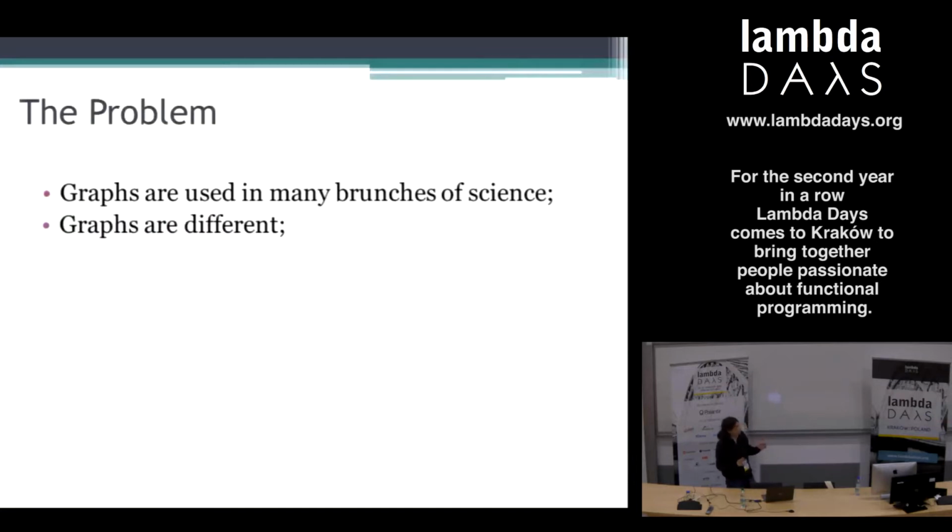Okay, but graphs are different. In bioinformatics, they use de Bruijn graphs. In electronics, they use hypergraphs, etc. Different types of graphs for different things. And please note that a graph can be directed or non-directed, etc.